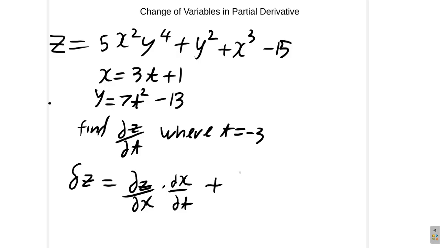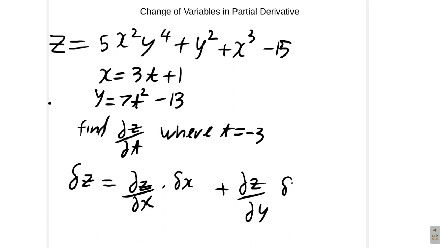Plus, let me not go too far here yet. It should be changing x. The general formula is delta z by delta x times a change in x, alright? Plus the partial derivative of z with respect to y, times a small change in y.